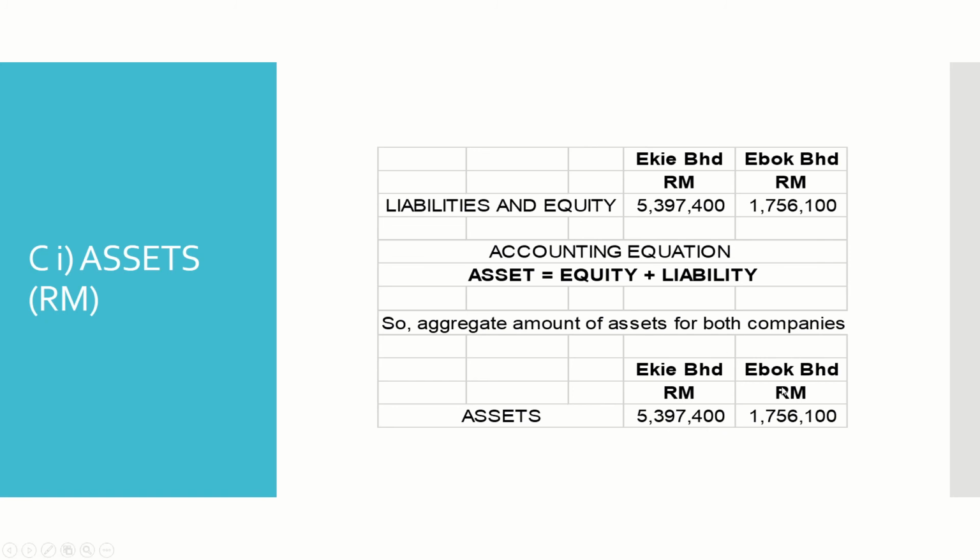For Ibu Berhad, asset equals 1,756,100. So the asset is equal to the amount of liability and equity.